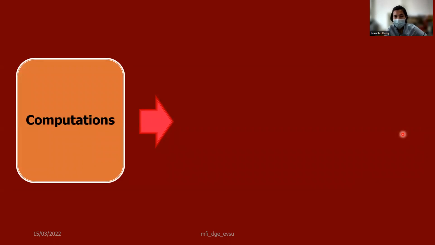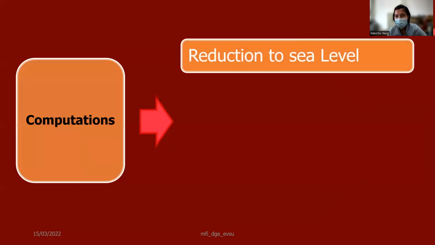Depending on whether it's really necessary, not all points apply our computation. So we have here reduction to sea level. Why do we need to reduce our measurement to sea level? Since we are dealing with geodetic control, we consider the curvature of the earth, including the refraction correction.